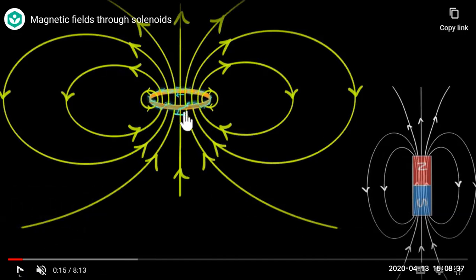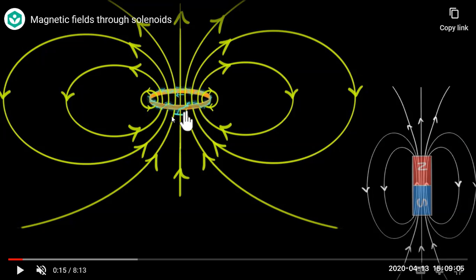You can see the magnetic field lines that are drawn. Now what are we going to say at every point? We can either apply the right hand thumb rule or the right hand grip rule. So how is the right hand thumb rule applied? For both the cases, you need to know the direction of the current flowing through the conductor. In this case, the current is considered to be in the anti-clockwise direction.